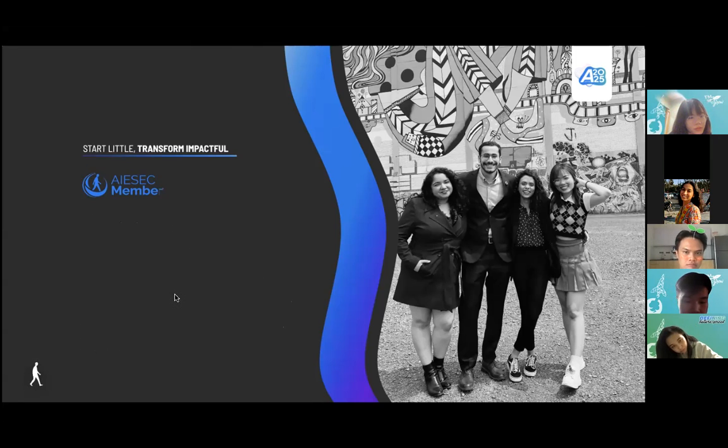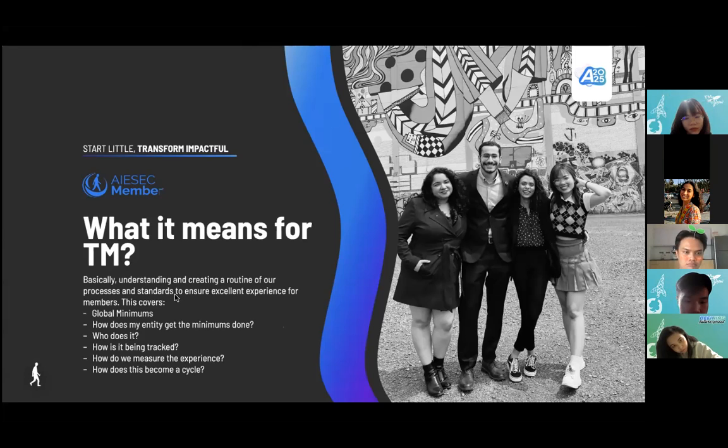Now, when we look at the definition for SOP for TM, and we have to divide it and simplify it, we just have to understand that SOP for us is going to consist of just 6 to 7 aspects, which will give us entire standard operating procedures for our entity.